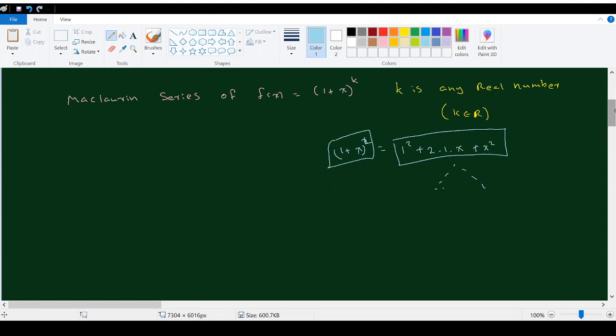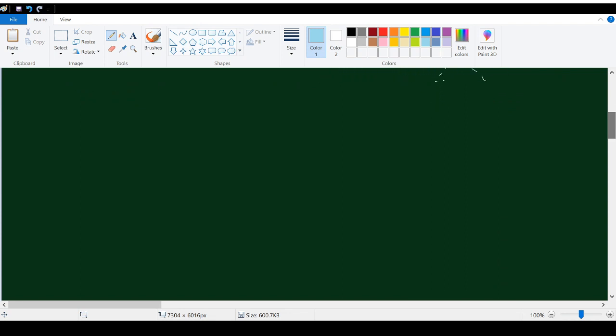Okay, so let's try to figure out the Taylor series around 0, or in fact the Maclaurin series of this function by the basic principles, right? So we can see f(x) is equal to (1 plus x) to the power k, and we are trying to figure out the coefficients.